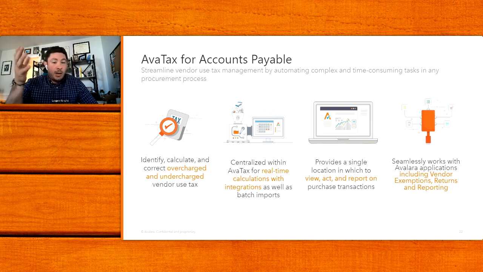So we've now, as mentioned, centralized this within AvaTax so that those real-time tax calculations can come in, and you can review those as needed in real time without having to collect, as previously mentioned, maybe at the end of a quarter or the end of a month. And so this will give everyone a single repository to be able to go and review those transactions and see what adjustments, if any, they need to make.